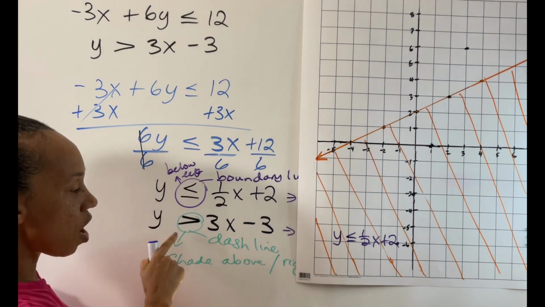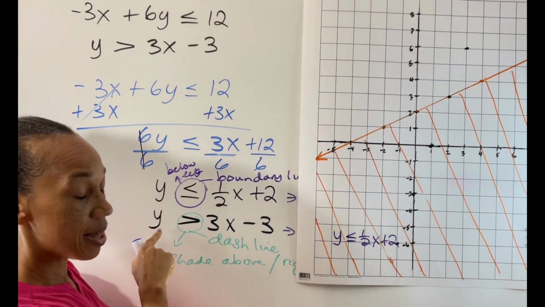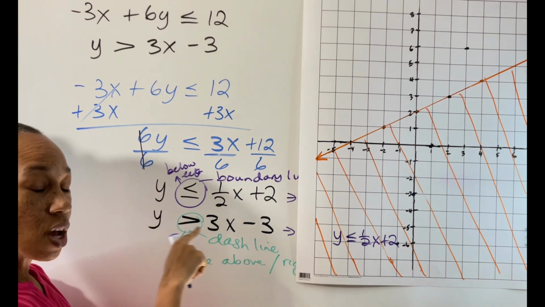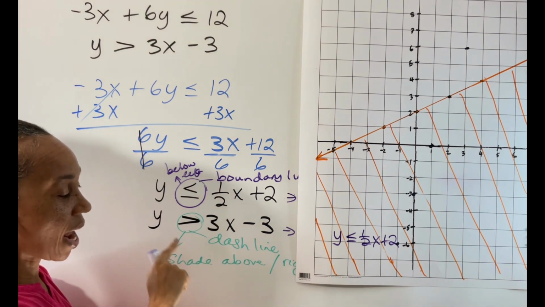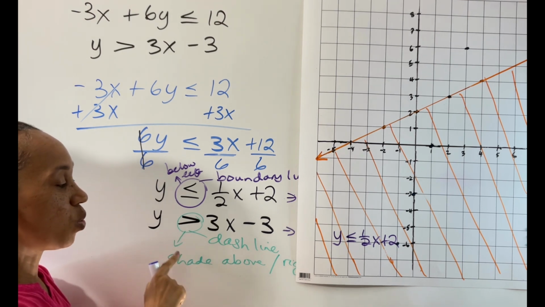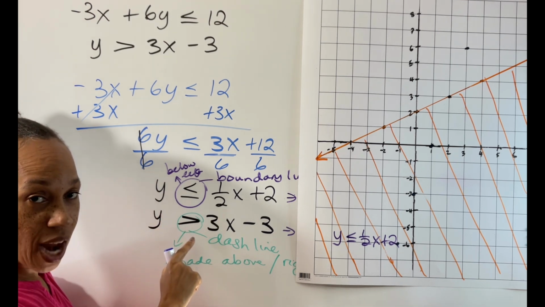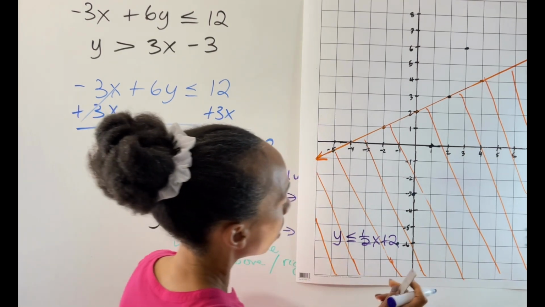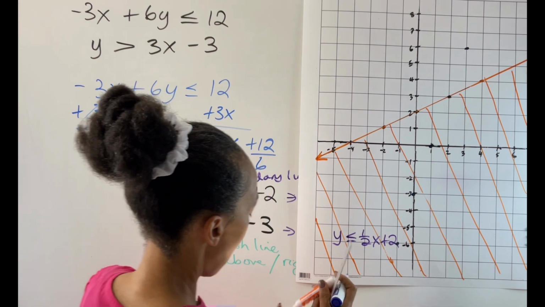Because our inequality symbol in this second inequality is greater than, it does not have half of the equal sign underneath it, we are going to use a dashed line. So we are going to use a dashed line for this one, and we are going to connect our points using the dashed line.